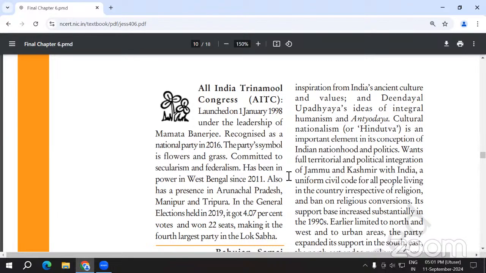From 2004 to 2014, again the UPA government was there, and from 2014 onwards, it was continuously in power. But by and by, its support base had a steady growth, and now it has started a declining trend. We don't know exactly what is happening, but what we are seeing is a declining trend. You got what that is?